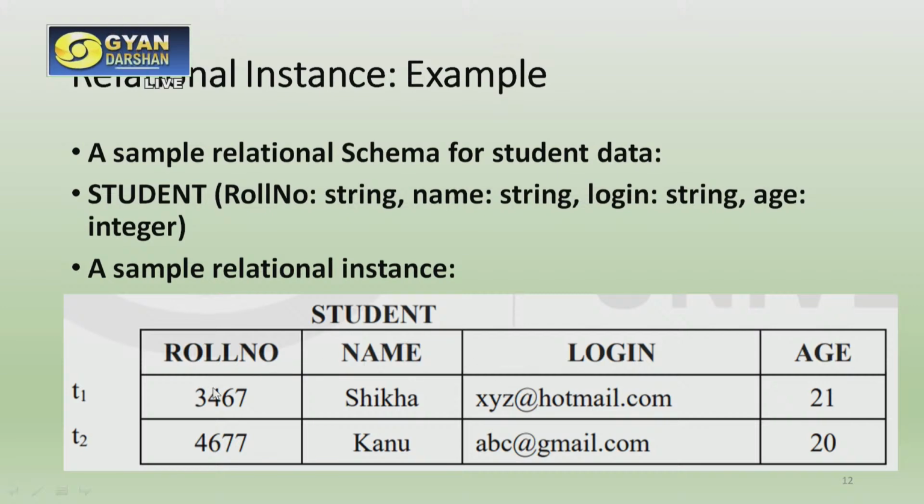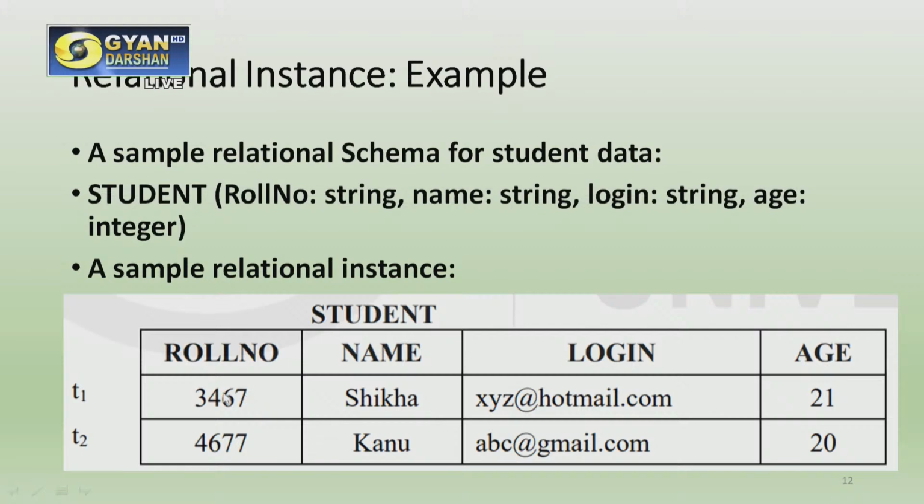Now note that even roll number we said is of the type string, and we are using digits like 3, 4, 6, 7. A string can also contain numbers, that is allowed. These are numeric digits, but they will be treated as strings only.